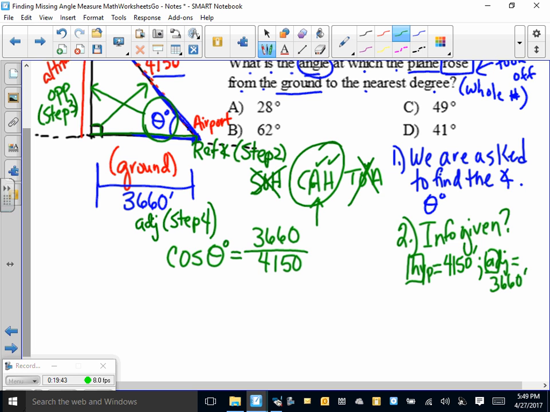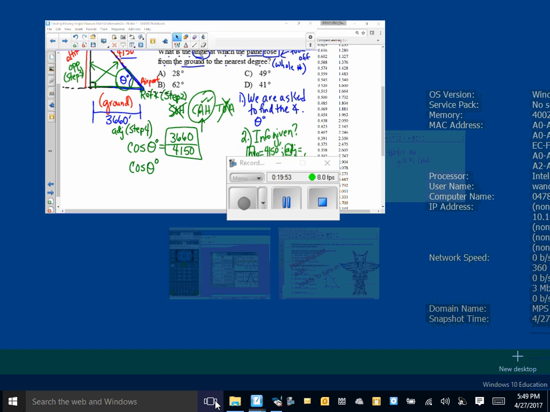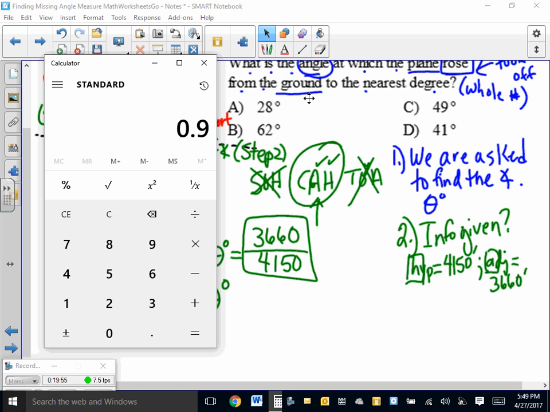So the first thing we're going to do is our division. The cosine of theta is approximately, depending on how we have to round, go to our calculator: 3,660 divided by 4,150, and we get 0.8819.